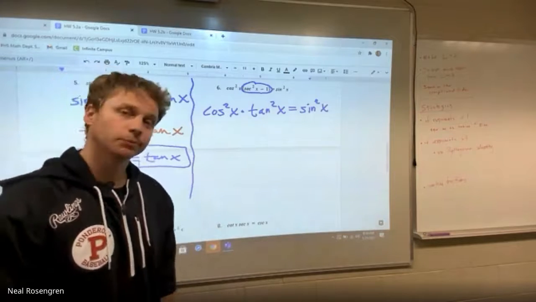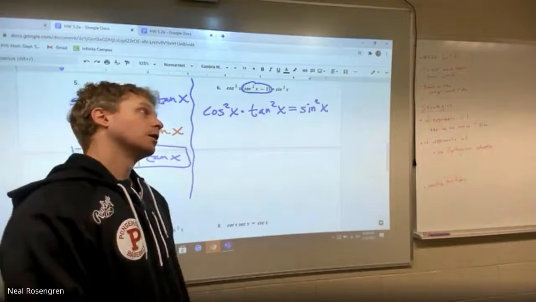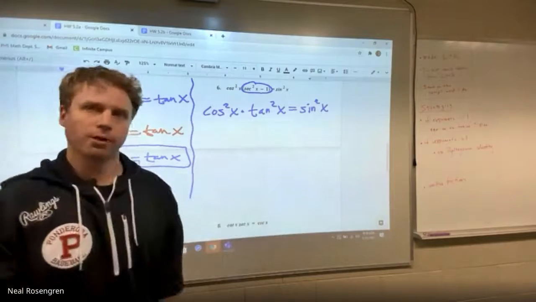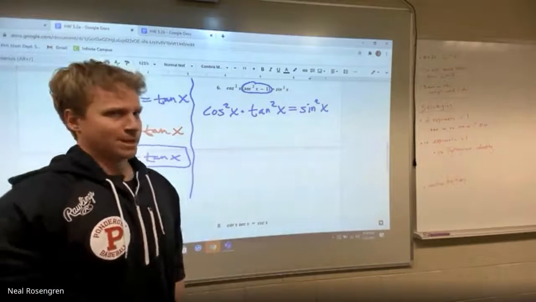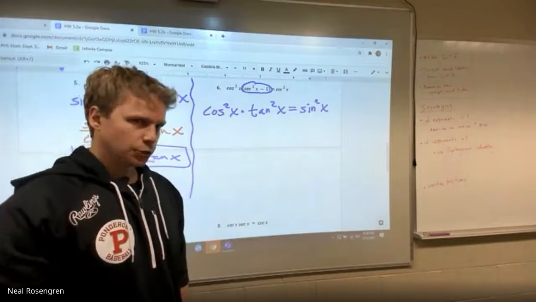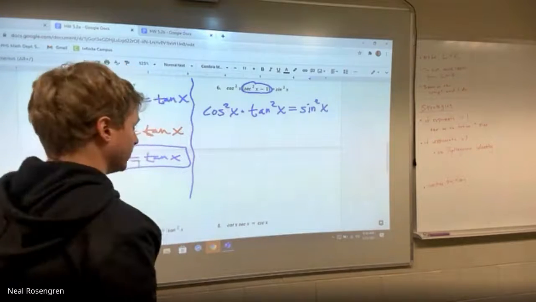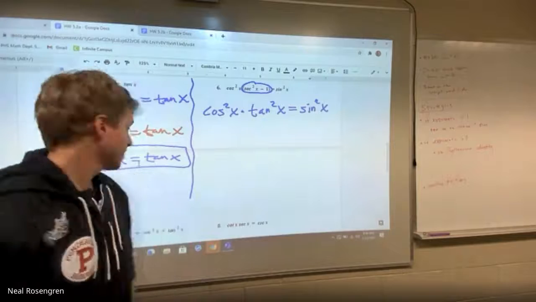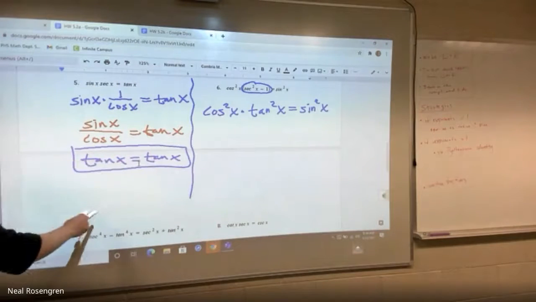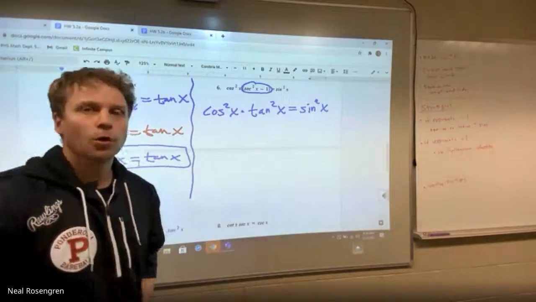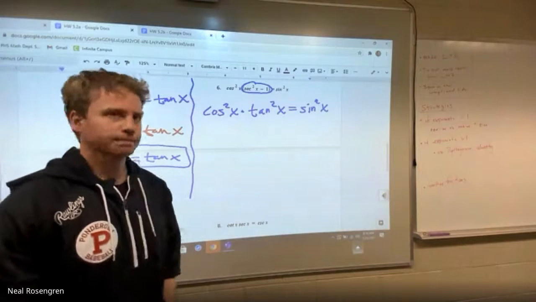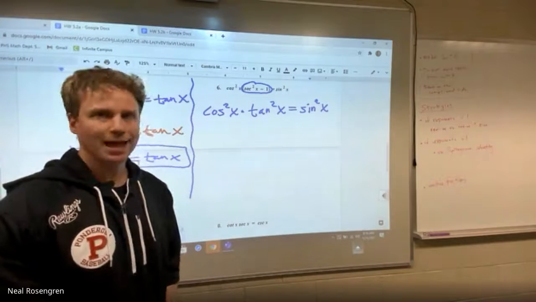That's cool too. That's just an extra step within the identity rather than an extra step messing around on your trig cheat sheet. That's your choice. Either one's fine. Okay, cool. We've already used a Pythagorean identity. Seemed like a pretty good choice.